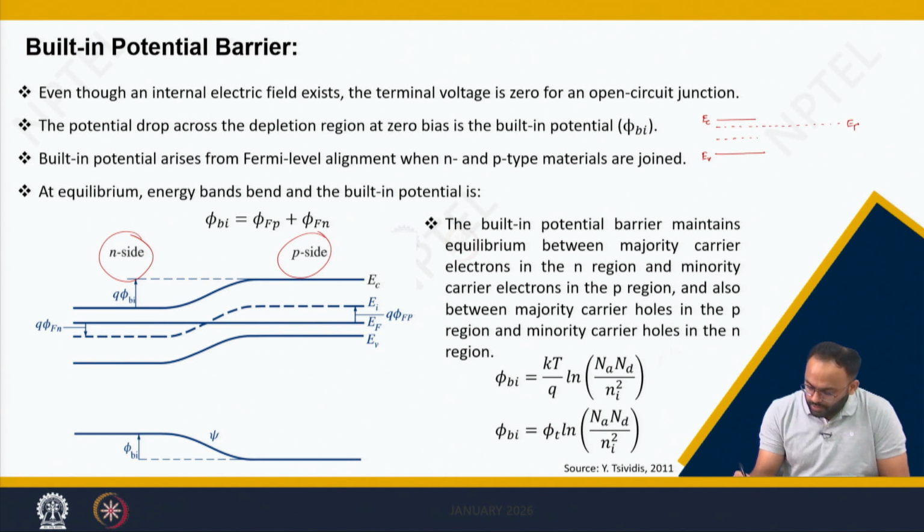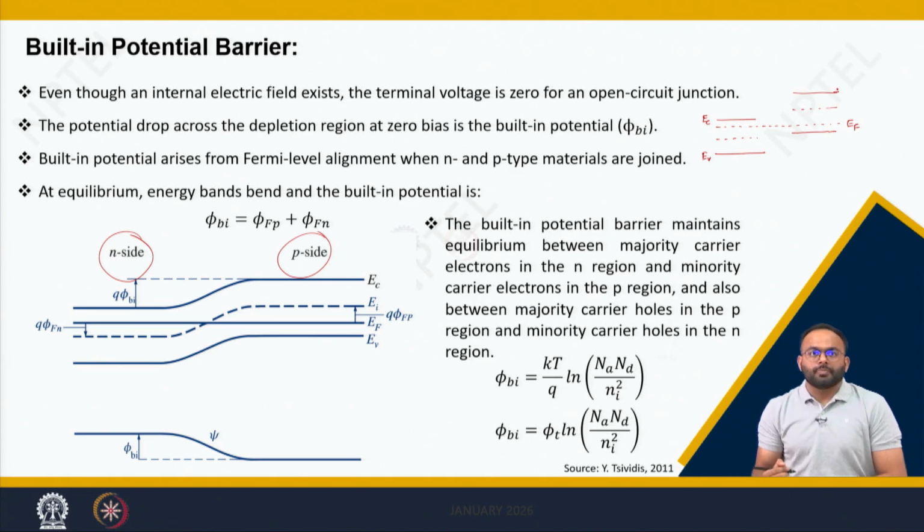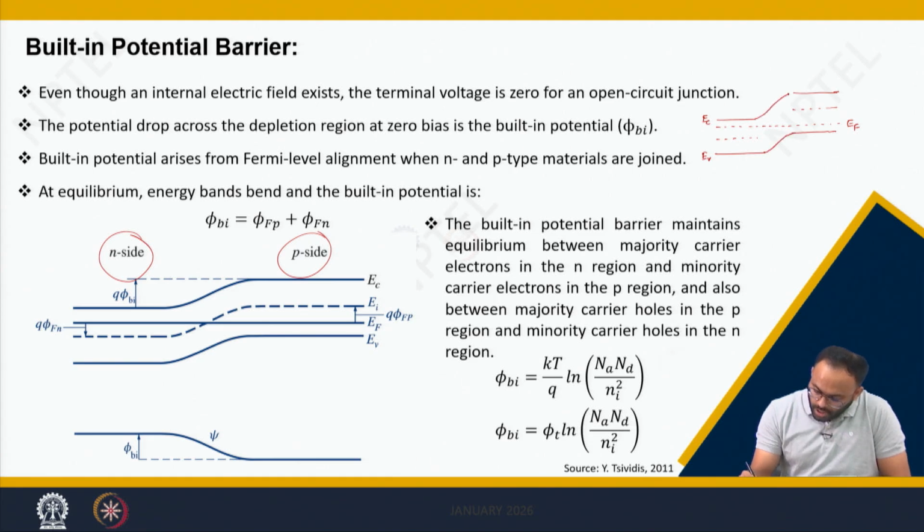So this is the Fermi level, and we need to build the valence band and conduction band accordingly at the p side, considering both the p side and n side are made of silicon. So the band gap will not change, and ultimately there will be continuity in EC and EV. So that is what it is here.